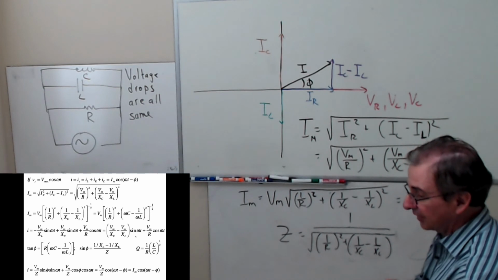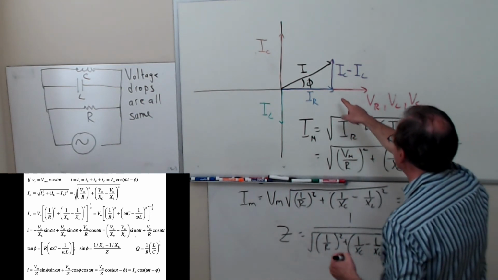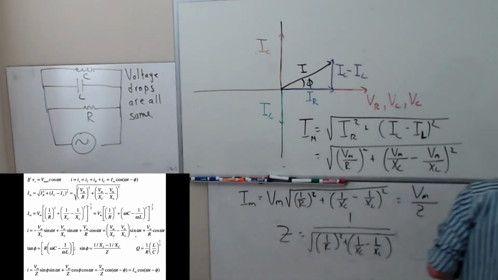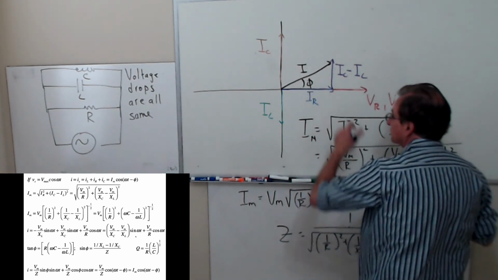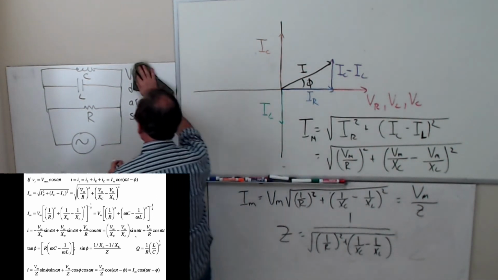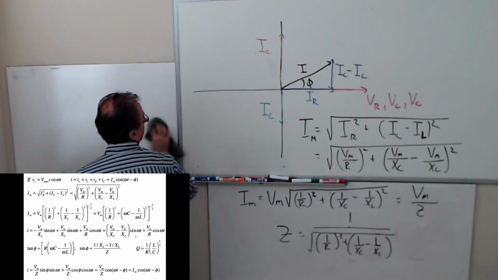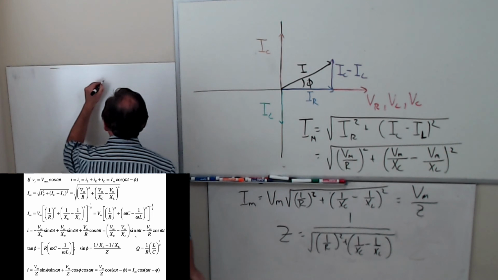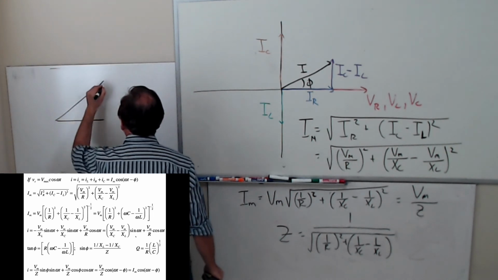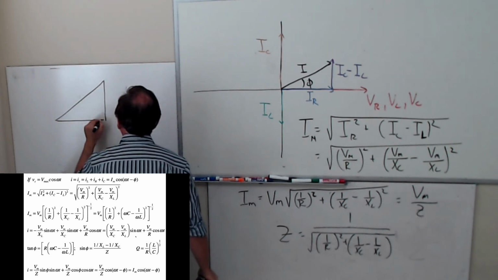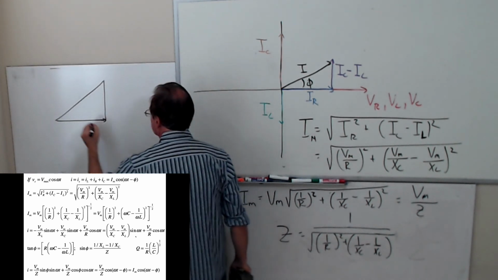Okay. And again, we could draw our impedance triangle. Since V is common to all of those, okay, and this is phi.